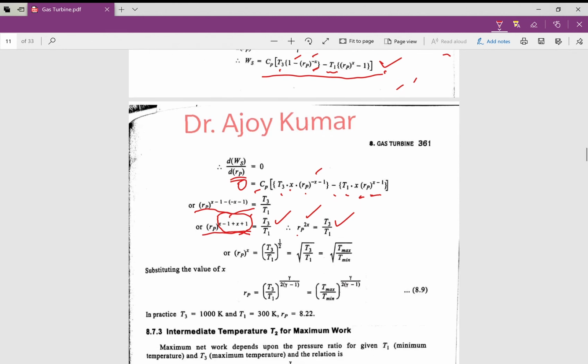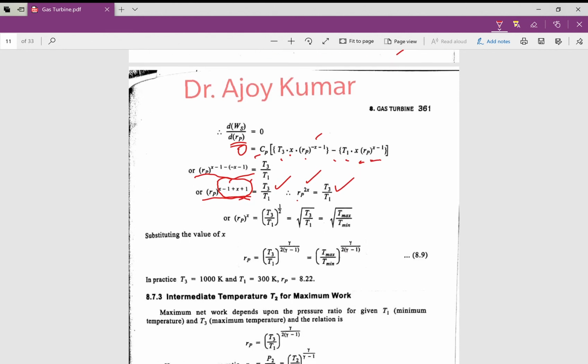With this simplification, we can say pressure ratio is coming like this, the square root of T3 upon T1, where T3 is your maximum temperature and T1 is your minimum temperature. And henceforth, we can write this pressure ratio in this form.